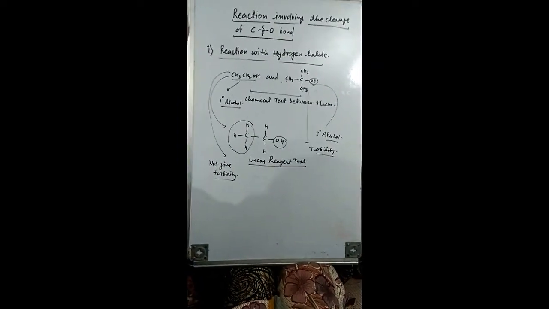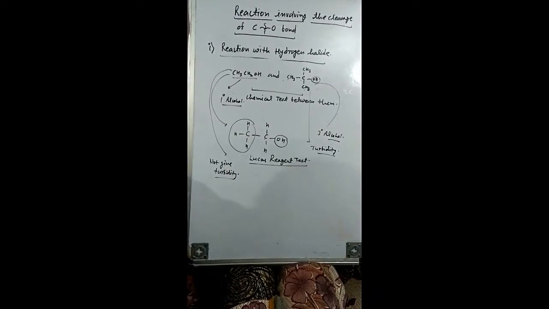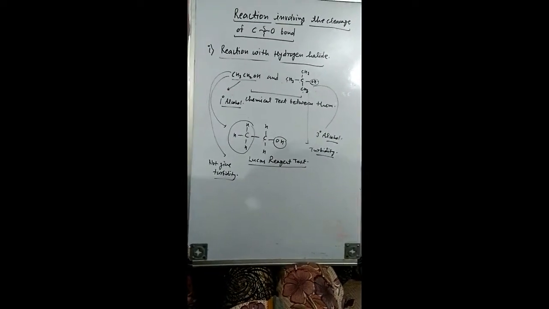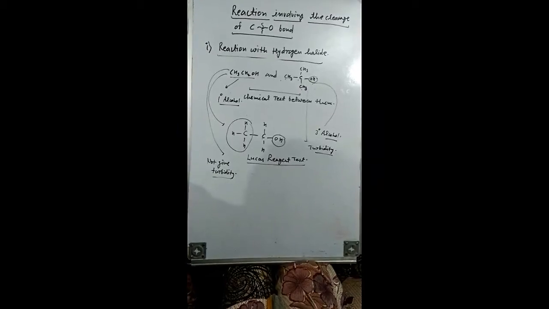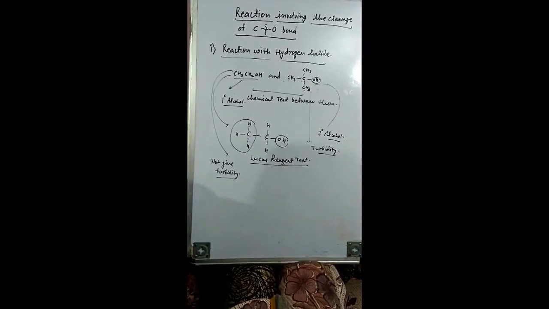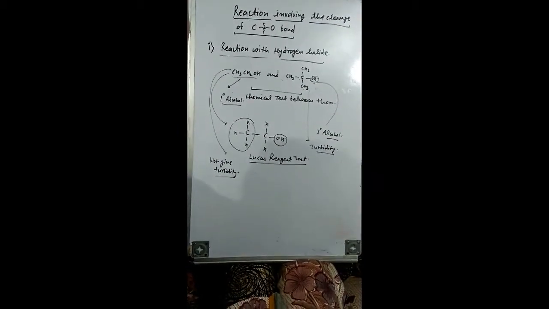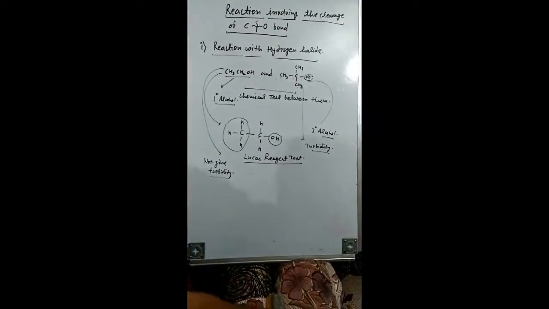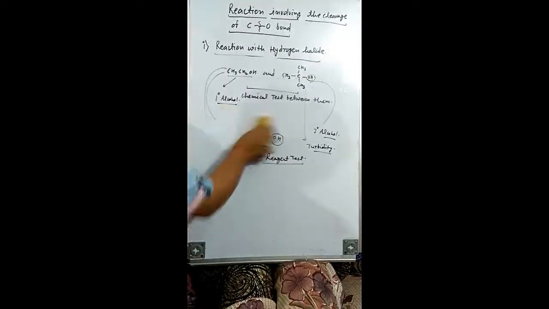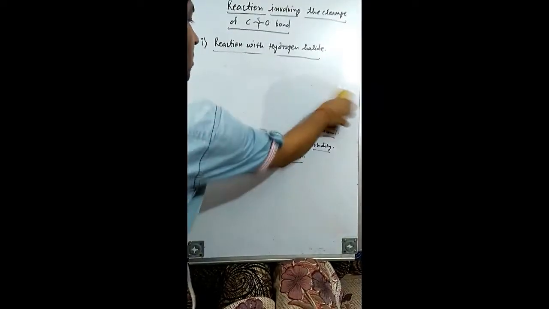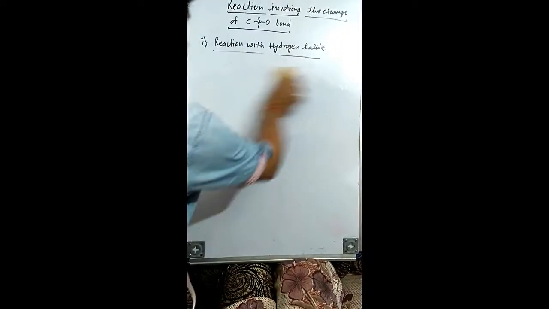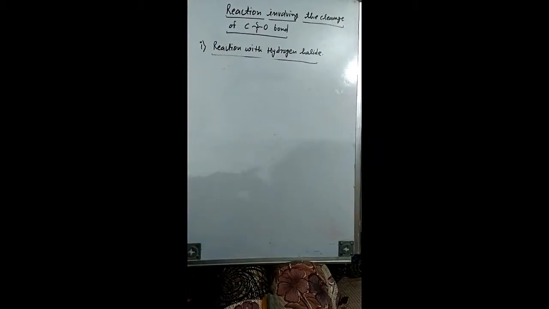Now the point is, why will tertiary alcohol give the turbidity immediately? What is the reason? That means, what is the reactivity order for the Lucas reagent for alcohol: 1 degree, 2 degree or 3 degree, that means primary, secondary and tertiary.